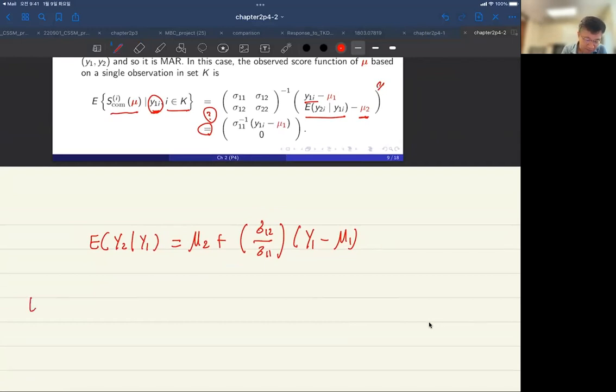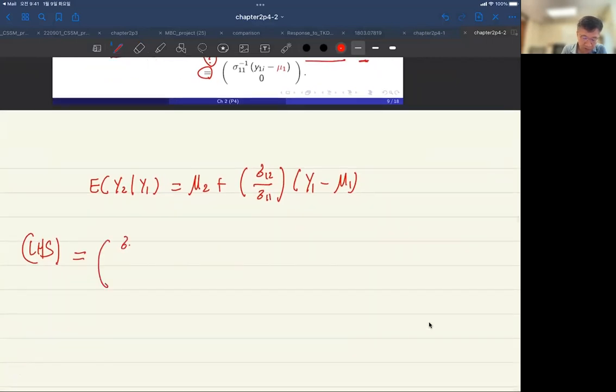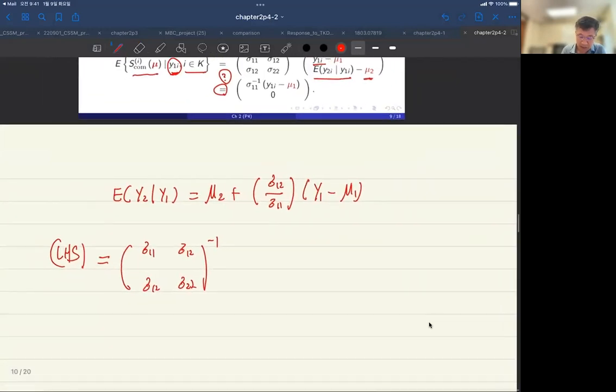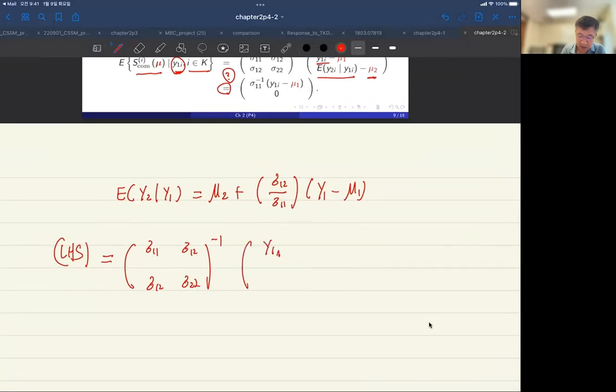So the left-hand side equals sigma 11, sigma 12, sigma 12, sigma 22 inverse, and then Y1i minus mu1, and then sigma 12, sigma 11, divided by, and then it's mu1.